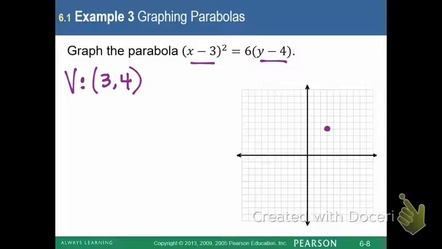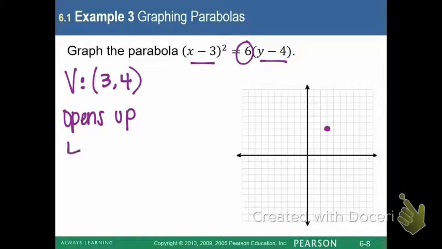Okay, next I need to figure out which direction it's going to open. Since it's the x that's being squared, that opens up or down. And since this number is positive, the 6 is positive, that tells me it's going to open up. So then I just now need to know how far up do I go to graph my focus, how far down for the directrix.